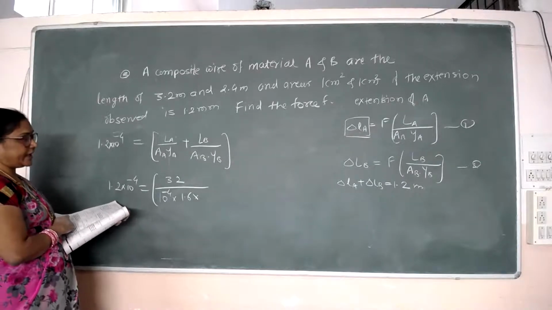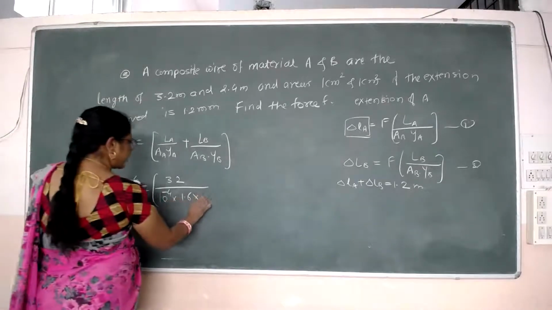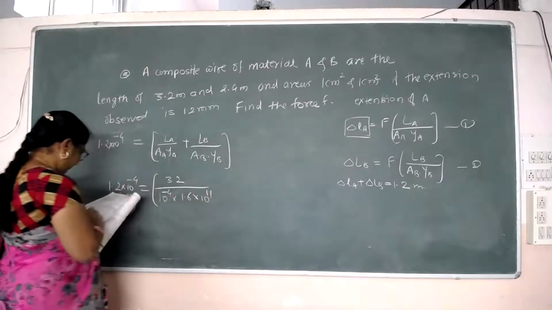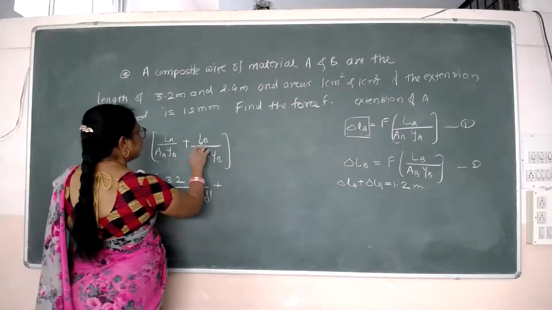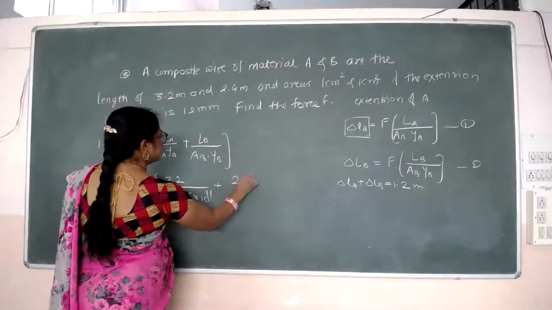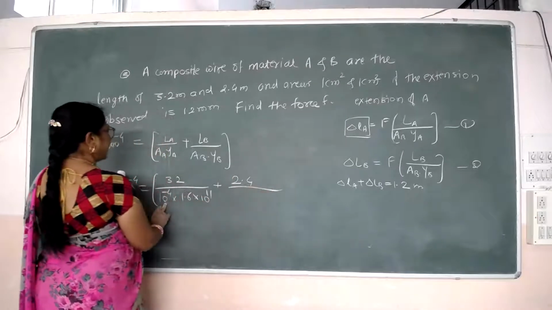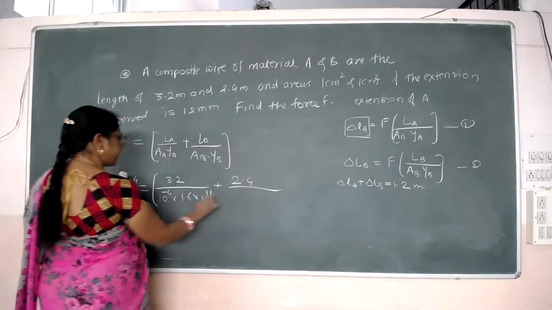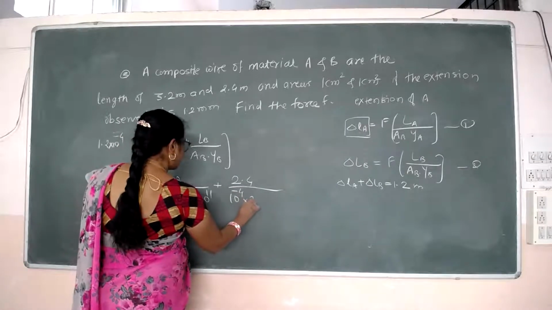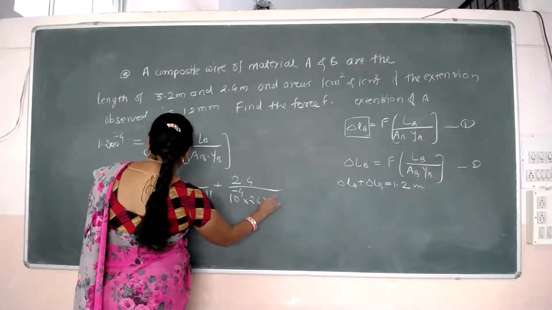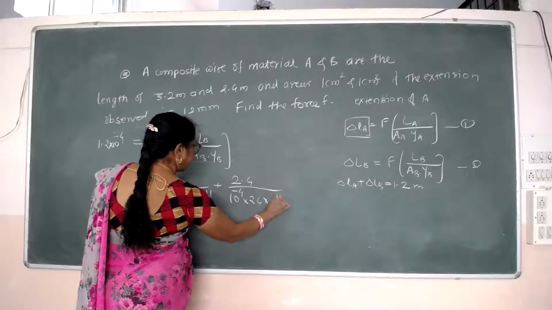Plus length of B, which is given as 2.4, divided by the same area of cross section, 10 to the power of minus 4, into Young's modulus of B, which is 2.4 into 10 to the power of 11.